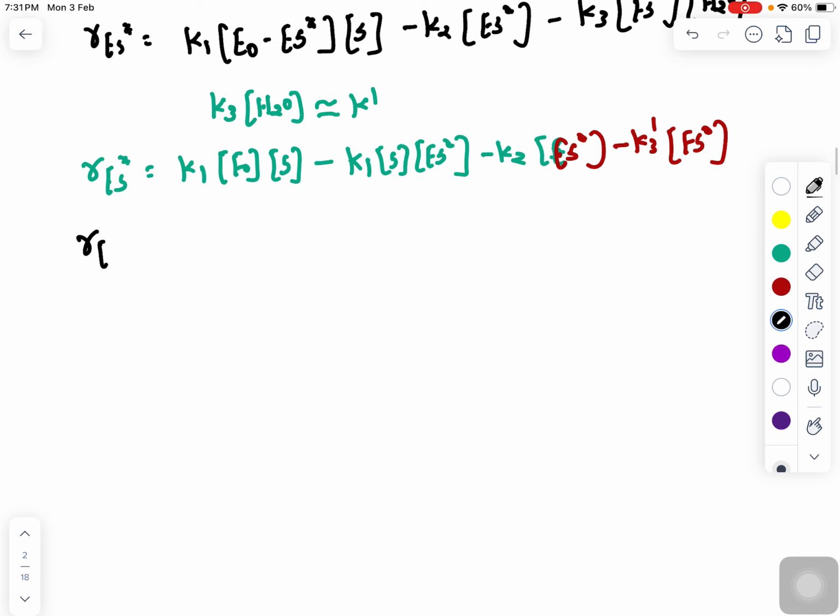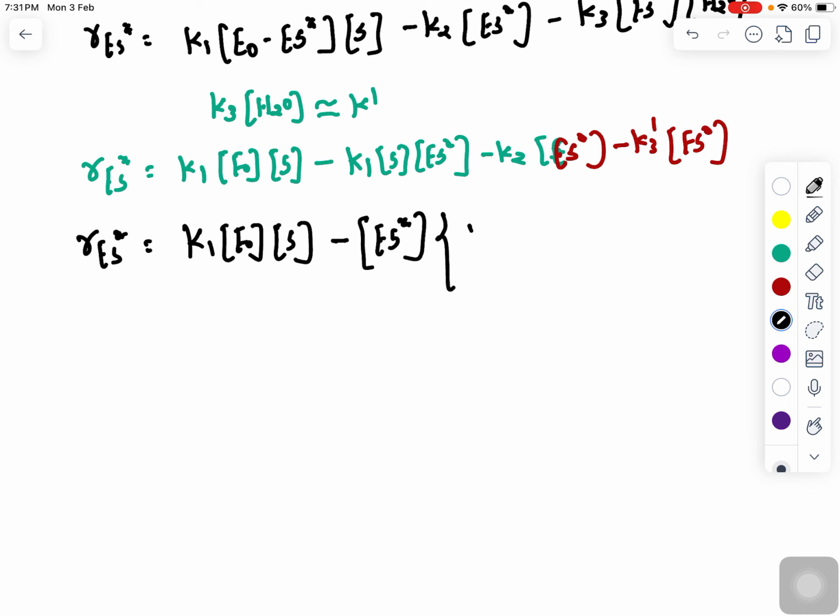So let's try to calculate rate in terms of R ES star, and write the ES terms on one side. So I can write k1 concentration of E naught concentration of S minus, taking common concentration of ES star, k1 concentration of S plus k2 plus k3 dash.